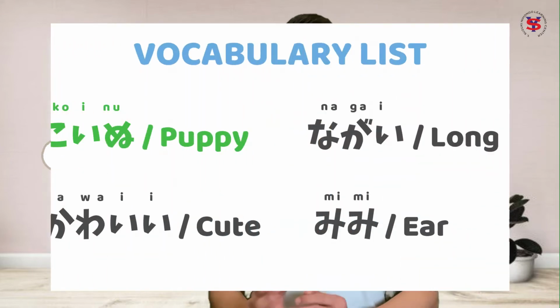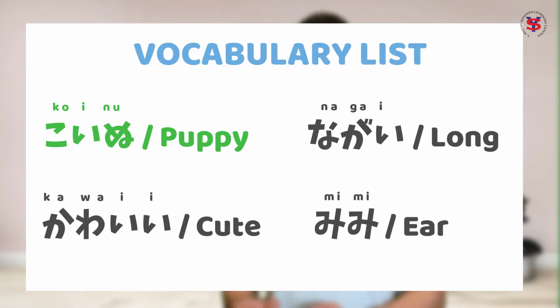Has long ears, I guess. So for our vocabulary list here, we have puppy is koinu, cute is kawaii, long is nagai, and ears is mimi.